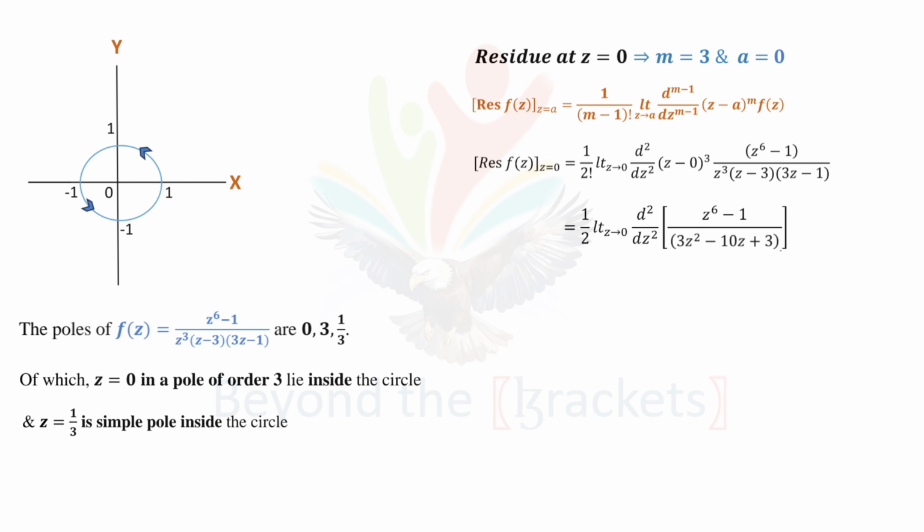Differentiating this with respect to z, we observe that numerator and denominator both have z, so u by v rule will be applied. First, the denominator 3z square minus 10z plus 3 will be written as it is. Differentiation of z power 6 will be 6z power 5 minus the numerator z power 6 minus 1 will be written. Differentiation of the denominator will be 6z minus 10 divided by denominator whole square.